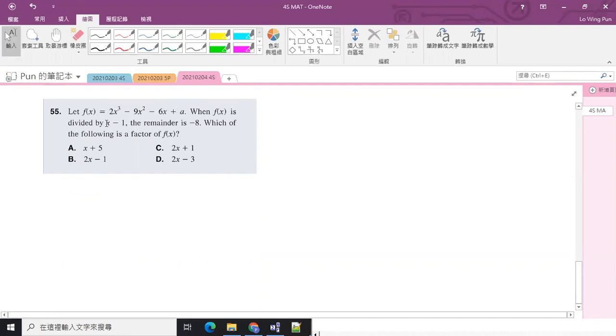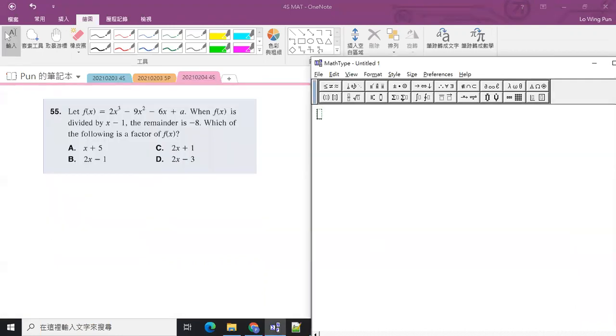When f(x) is divided by x minus 1, the remainder is negative 8. X minus 1 is degree 1, so we can use the remainder theorem: f(1) is negative 8. We also have the formula of f(x), so we can just calculate f(1).